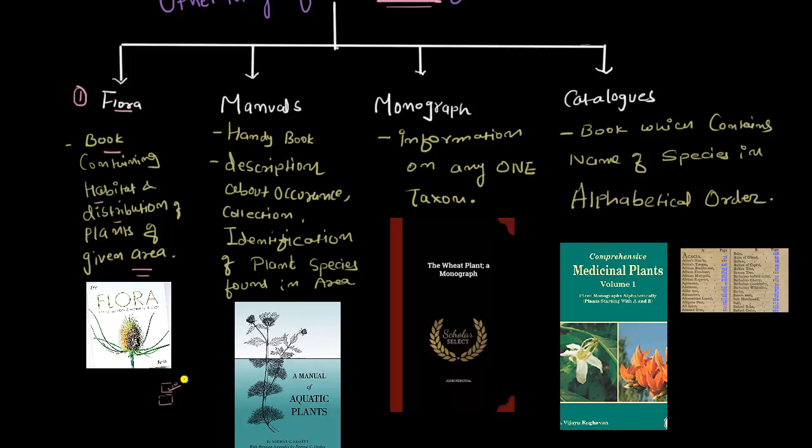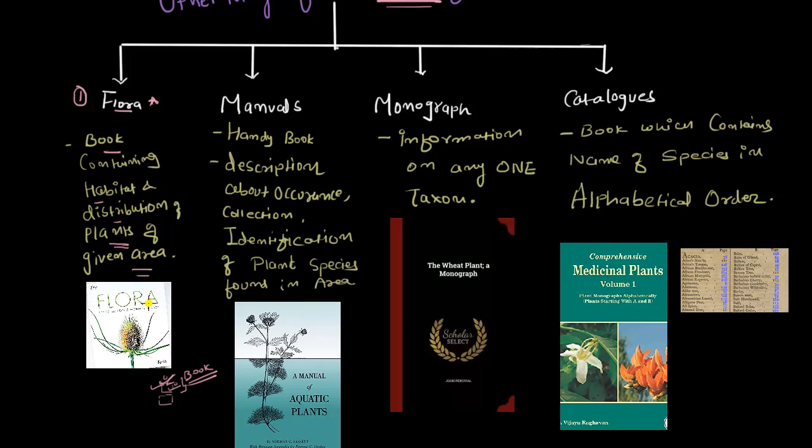If you have any information written in a book about this particular area's plants, for example what the habitat of these plants is, how they are distributed here, the biodiversity, all these things, then that book is called a flora. Because we are talking about the plants of a given area, this is a flora.